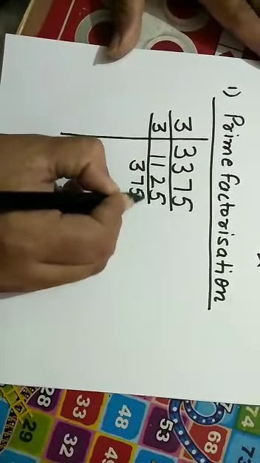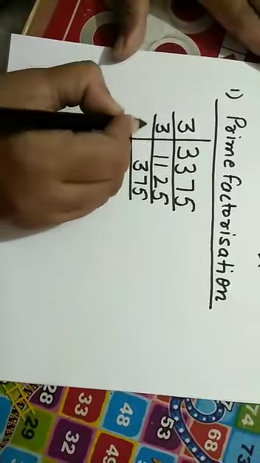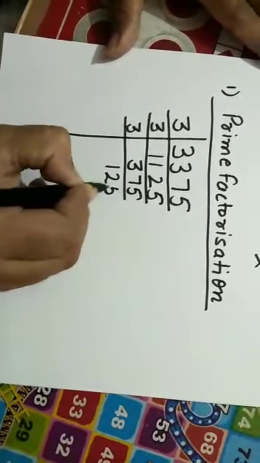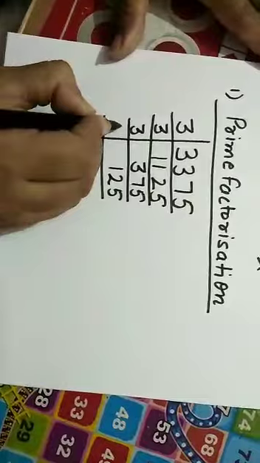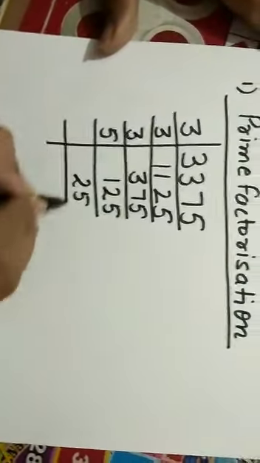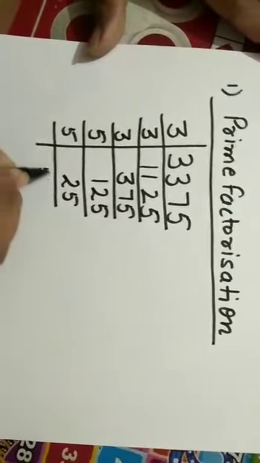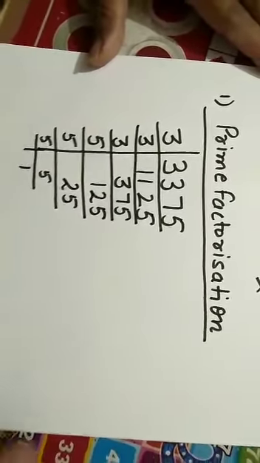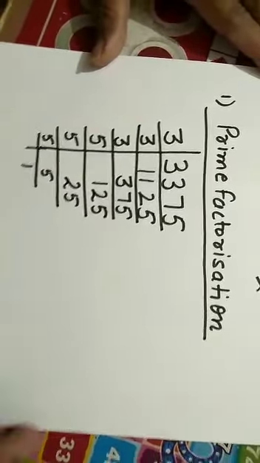We'll get 375. Again it is divisible by 3, we get 125. Now we'll divide it by 5, again by 5 and again by 5.